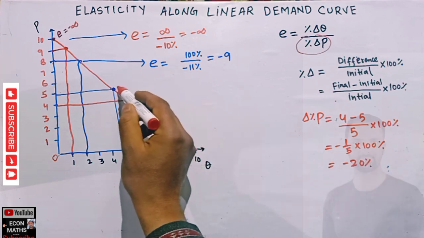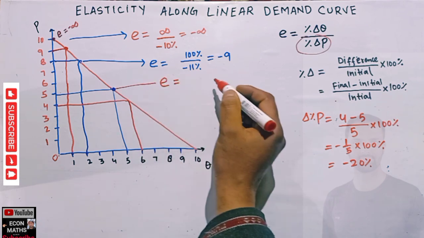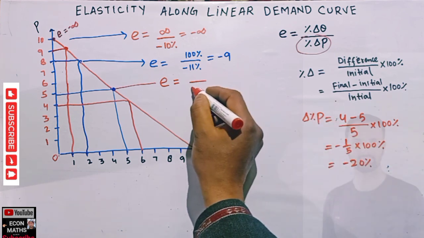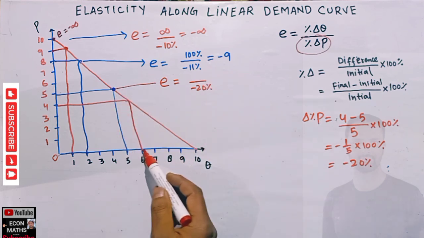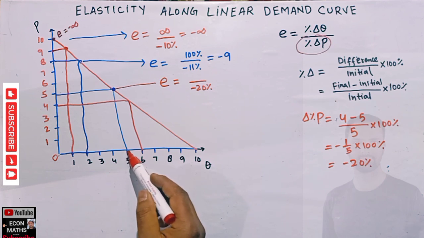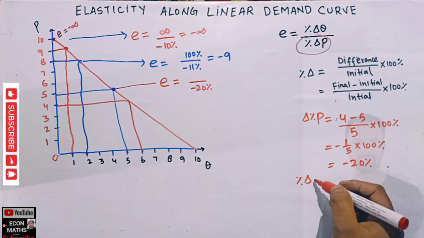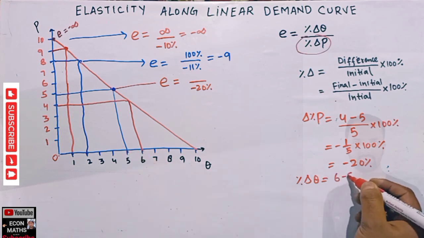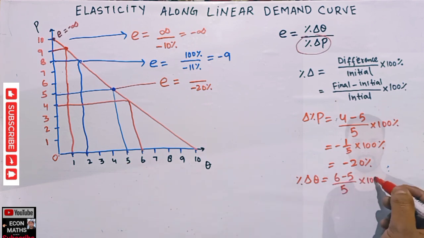So elasticity at this point, let me write it here. When price decreases by 20%, that means minus 20%, what is the quantity demanded? Quantity demanded changes from 5 to 6. Percentage change in quantity will be equal to, this is our final point, this is initial point, that means 6 minus 5 upon initial point 5, into 100%.